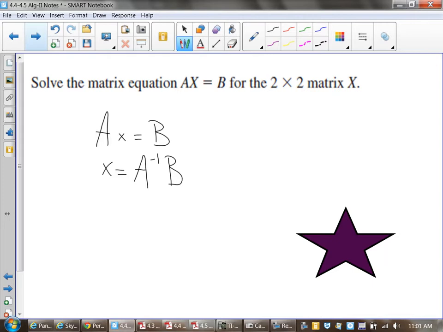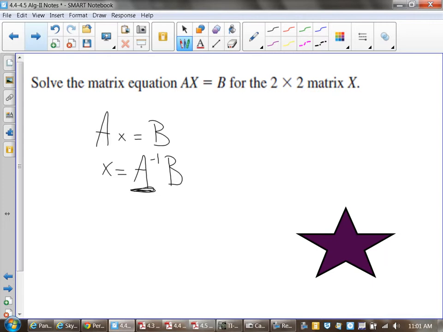A times B won't be the same thing as B times A. So whatever one you're taking the inverse of always has to go first on the other side. That's the only real rule of this. If you don't put the inverse first, you're going to get the answer wrong.